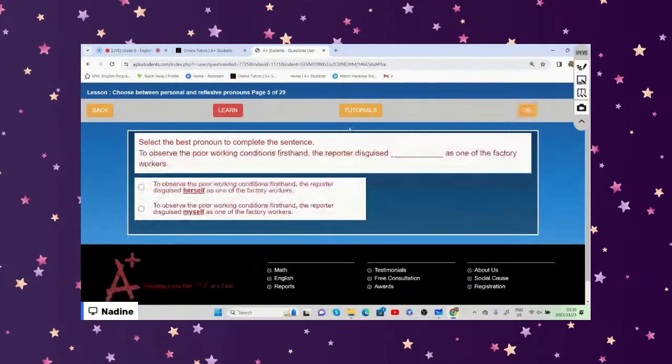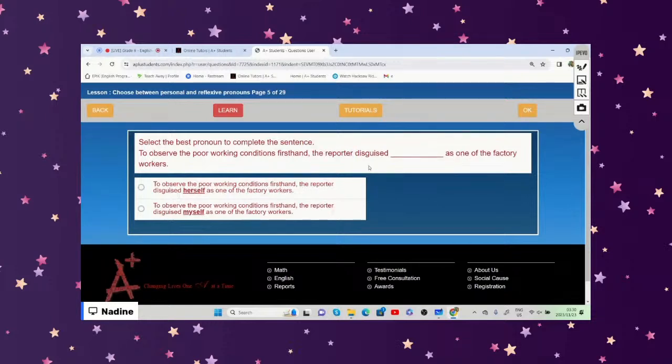"To observe the poor working conditions firsthand, the reporter disguised herself as one of the factory workers," or "the reporter disguised myself as one of the factory workers."